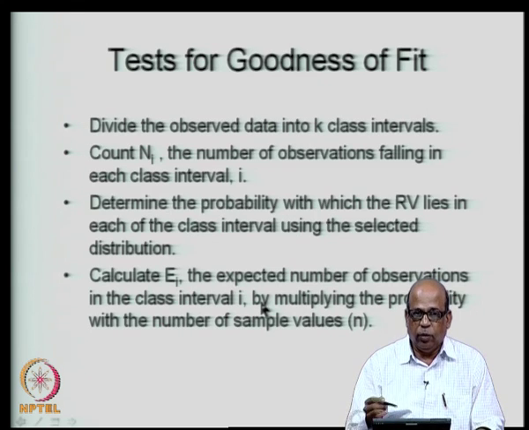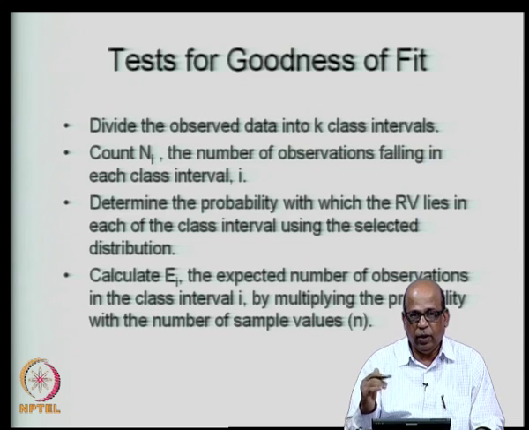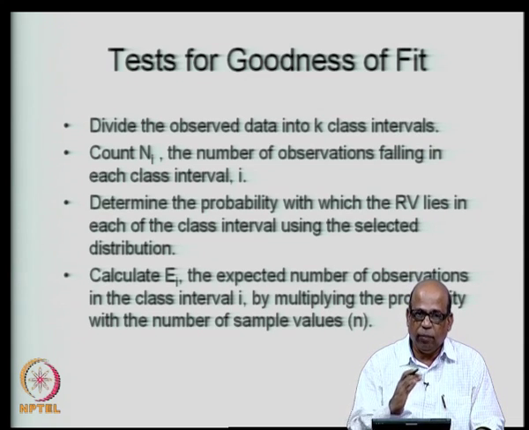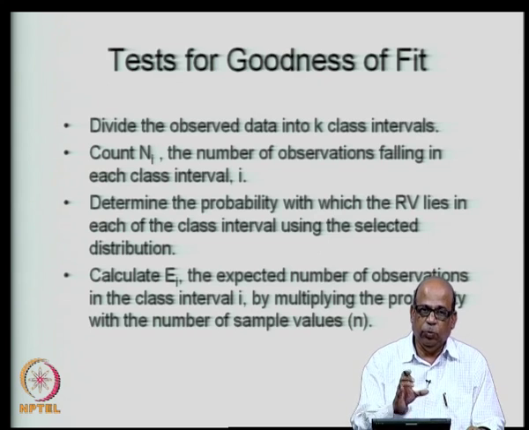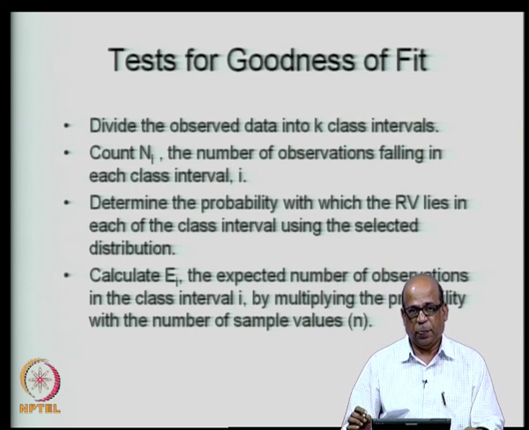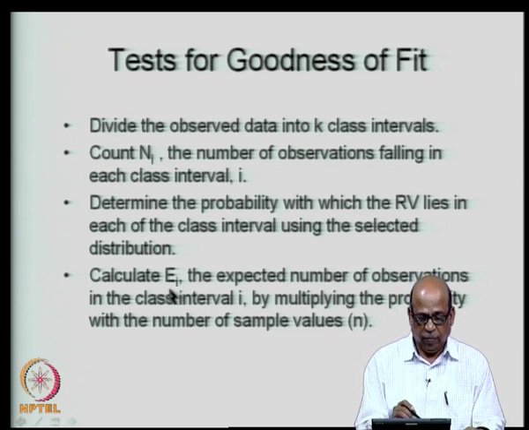Then once we compute the probability, remember probability is what? It is a relative frequency, n_i by n. So, from this we can compute the expected number of observations that the distribution leads to for that particular interval. So, this we can get from the theoretical probability that we got from that particular distribution.